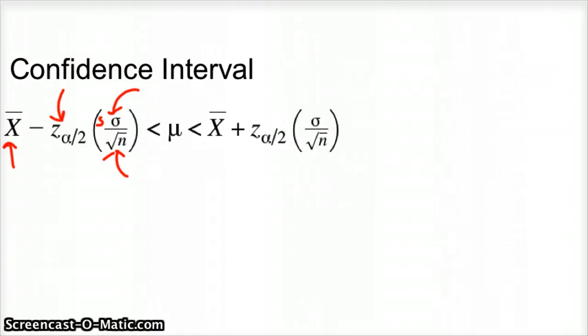This is our z-score from our normal curve. So we could plug it in so it looks like this: 2.54 minus z sub alpha divided by 2 times your standard deviation.